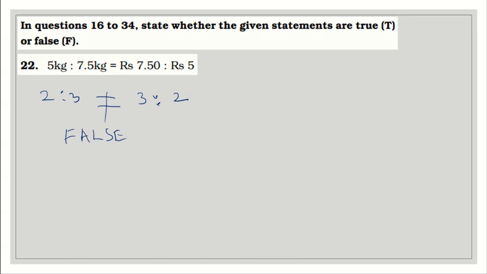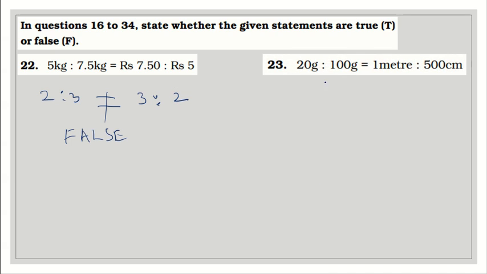Now moving on to question number 23, 20 grams is to 100 grams, and cancelling with both, their HCF of both of them is 20. So 20 1s are 20 and 20 5s are 100, so 1 is to 5. And here 1 meter is to 500 centimeter. So they are not in the same units, we need to bring them into the same units. 1 meter is 100 centimeter, so 100 centimeter is to 500 centimeter.